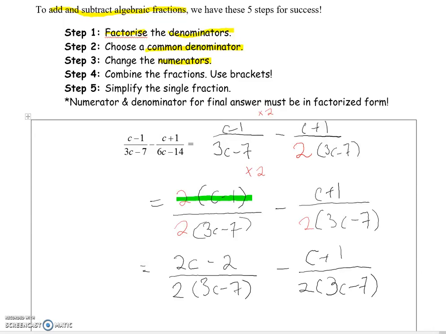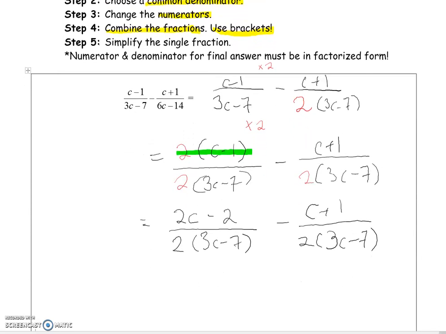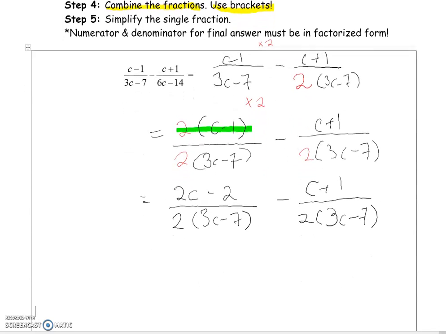Now, step 4, we need to combine the fractions. Please use brackets when we want to minus the two numerators together. So we will have 2c minus 2.